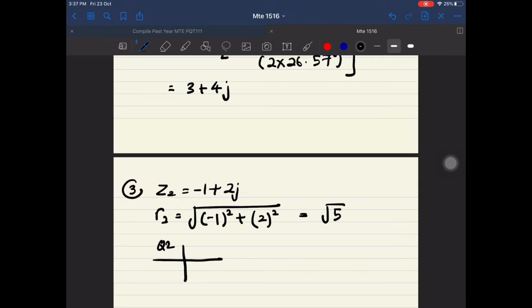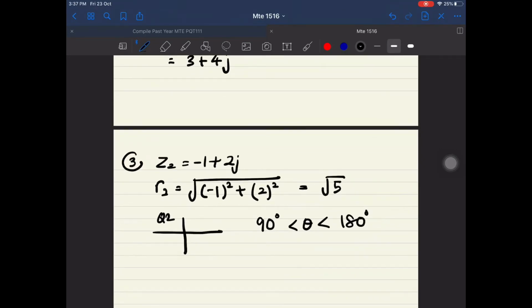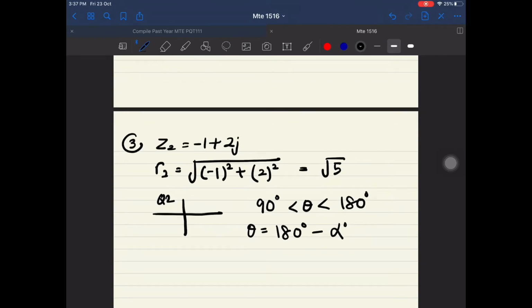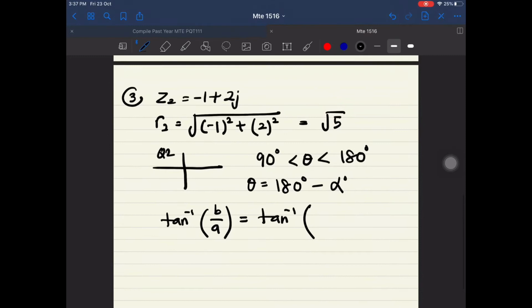So we know that your theta must be between 90 until 180. And for you to get the actual angle theta, what you need to do is 180 minus your reference angle. By using tangent inverse b over a, so what is your b? Your b is equals to 2, your a is equals to negative 1.